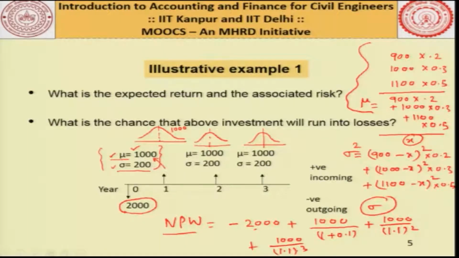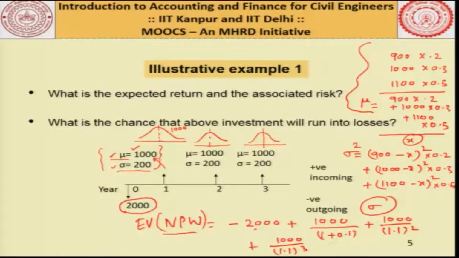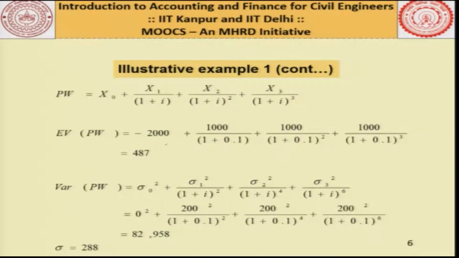So, this is the expected value of net present worth. Using the formula that we derived earlier, this value is going to be 487. So, this calculation has been performed here. You can see here minus 2000 plus 1000 divided by 1 plus 0.1.